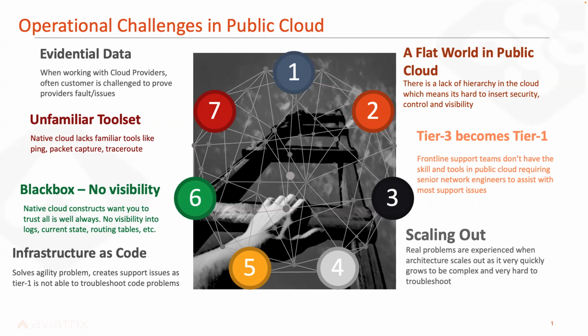So the other challenge that many network engineers and security ones coming from the on-prem side of the house to the public cloud see is the lack of hierarchy. Meaning, for instance, once I was working with an organization in the Middle East where they had 40 physical firewalls in their data centers. And they had all of these different zones and tons of firewalls and load balancers and security appliances.